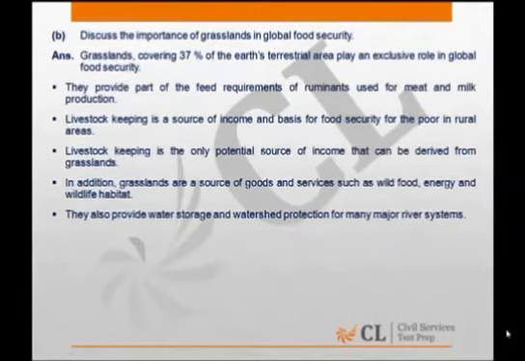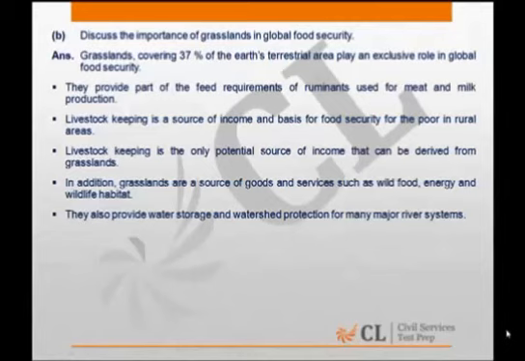Part B is about discussing the importance of grasslands in global food security. Again a question basically based on facts. Grasslands covering 37% of Earth's terrestrial area play an exclusive role in global food security because the major livestock population sustains in grasslands.